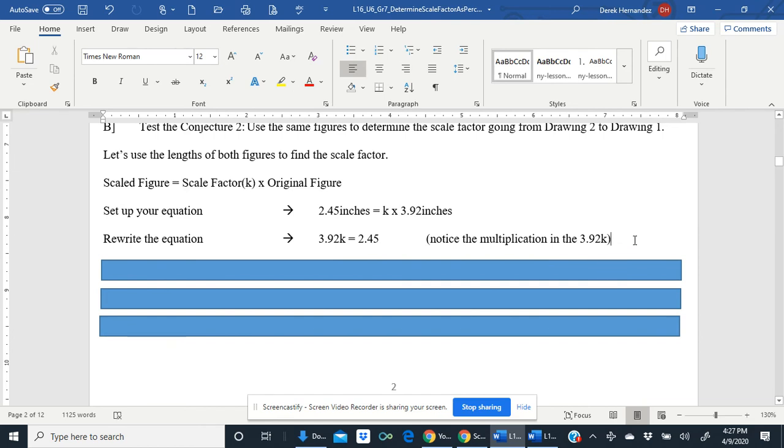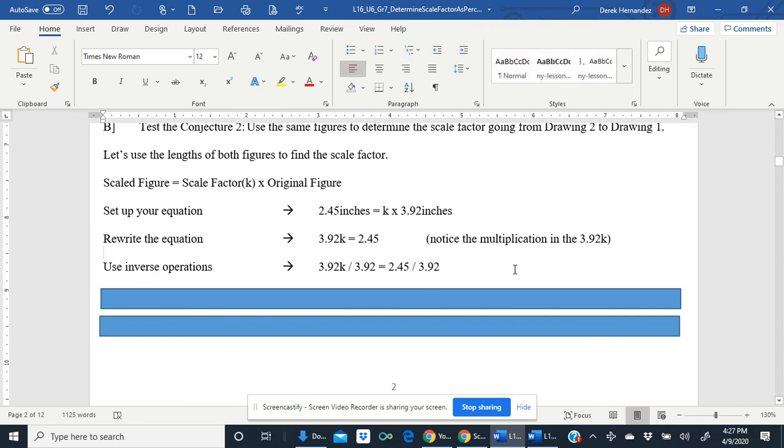Rewrite the equation. 3.92k equals 2.45. Notice the multiplication in the 3.92k. Use inverse operations. I see multiplication, so I must do division. 3.92k divided by 3.92. What you do to the left, you do to the right. 2.45 divided by 3.92.